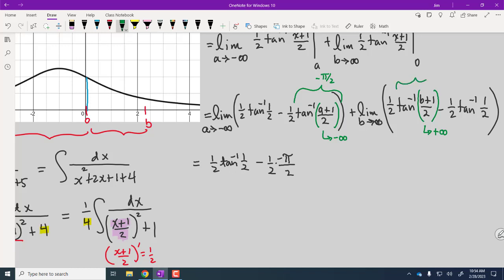So this part right here is going to pi over 2. So we'll end up with 1/2 multiplied by pi over 2 minus 1/2 inverse tangent of 1/2.